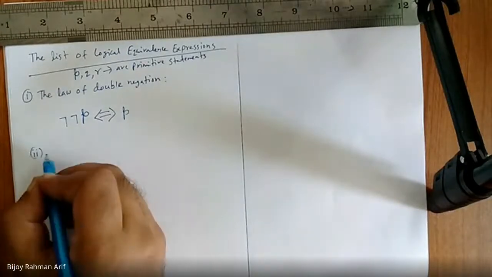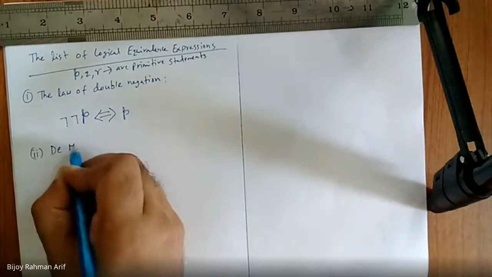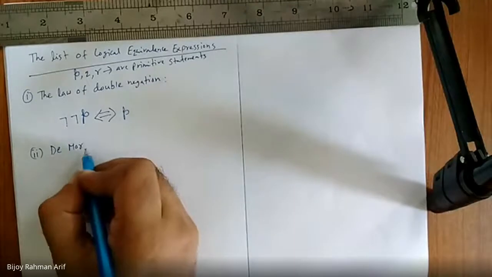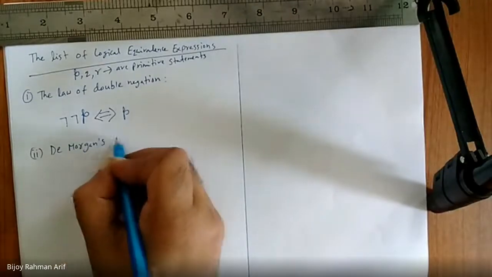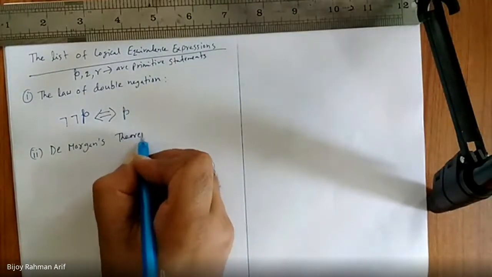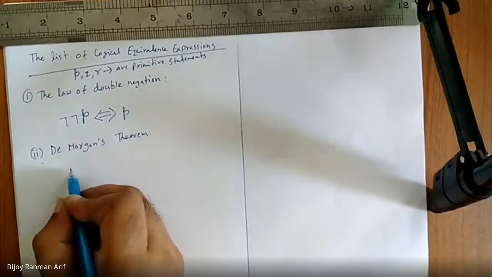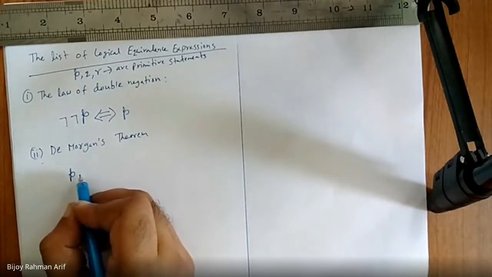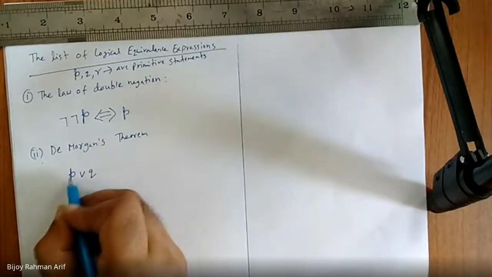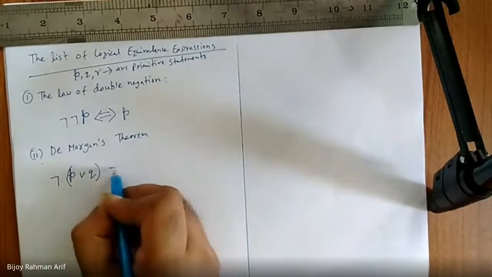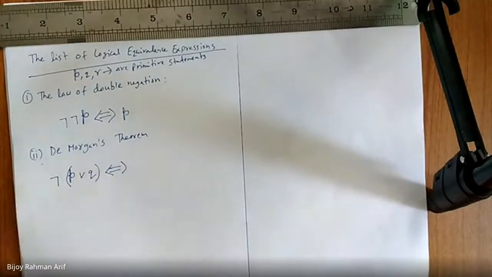Number 2, De Morgan's laws. So not of P or Q. What is this? Not P and not Q. Yes.